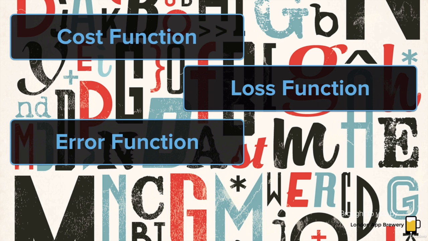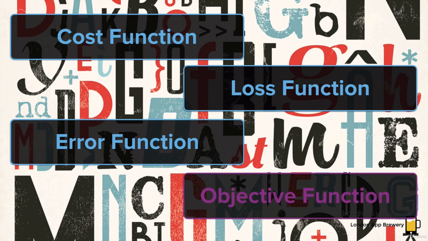And finally, you might even come across the term objective function. So in the process of optimization and trying to find the best solution for something, you'll often find the words loss function and cost function used interchangeably in many, many cases. But the word objective function means something a little bit more general, right?